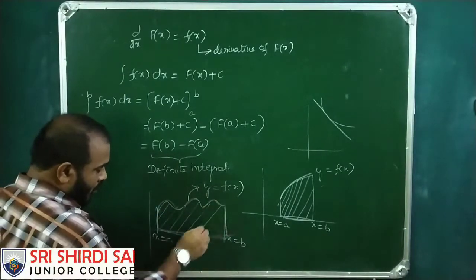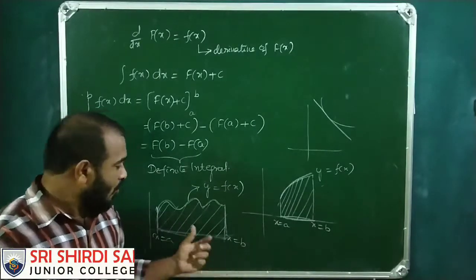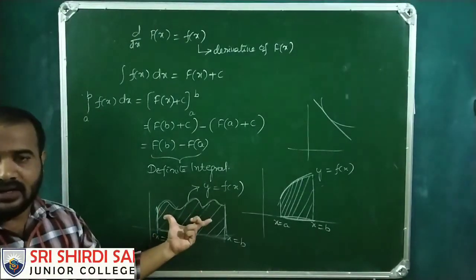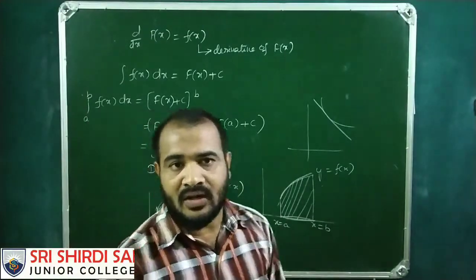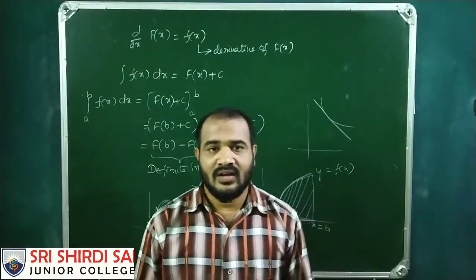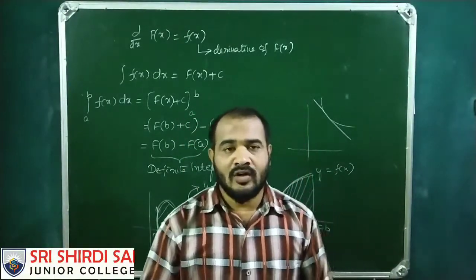To evaluate the area of the region bounded by this kind of typical curve, we use the fact that we are already familiar with the area of a rectangle. The area of a rectangle is length into breadth, or width into height.